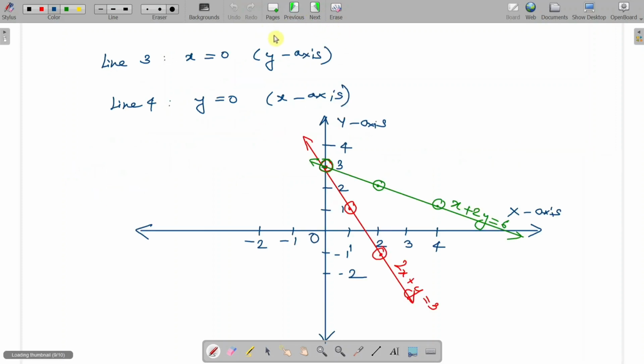If you look at the solution region for this line, the red line, 0 comma 0 lies here, right? But the solution region is in the half plane where 0 comma 0 doesn't lie. That means in this region here.